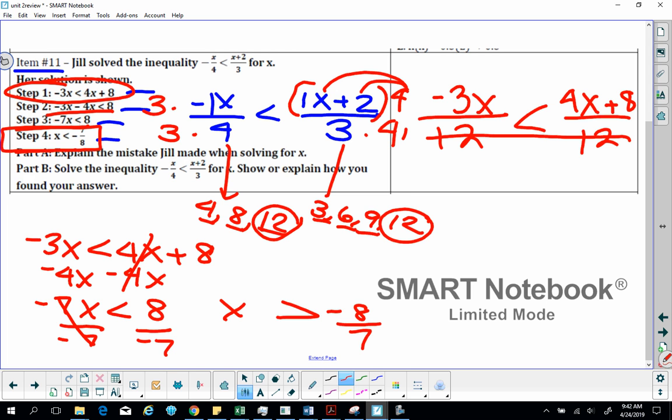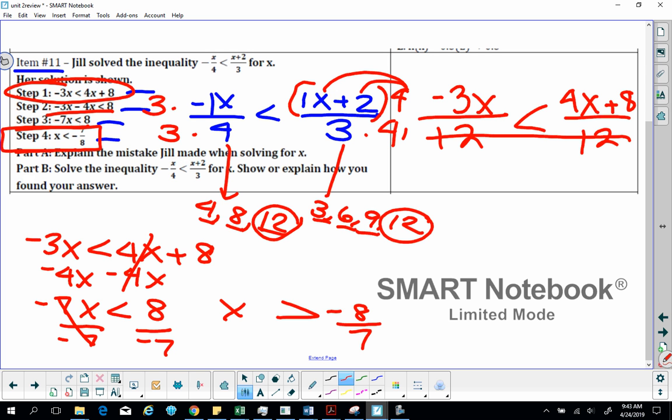So they're saying explain the mistake they made and show or explain how you would get your answer. Remember, is this test on paper or is this test on a computer? What is every milestone you've taken? Is it on a computer? A computer, right? So you can't sit there and show your work. You're going to have to explain what you did.